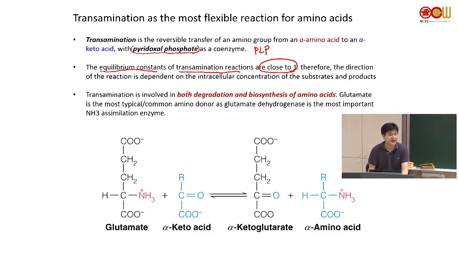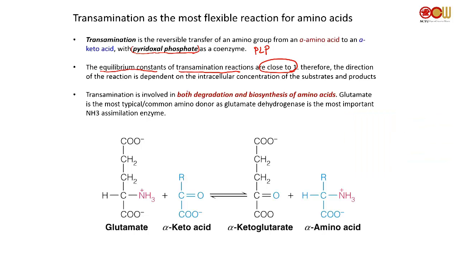Right? And because of that, the direction of the transamination is going to depend on the concentration of the substrate and the product. Very important, transamination is involved in both degradation and biosynthesis of amino acids.